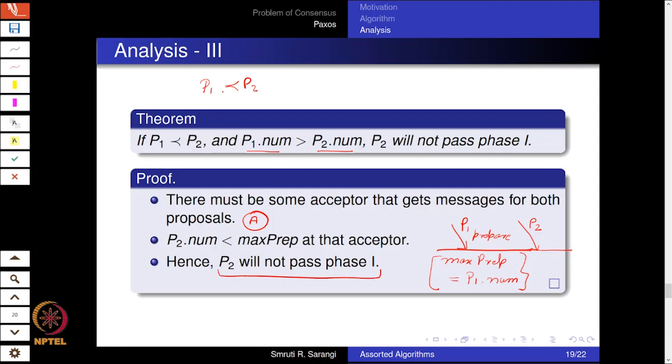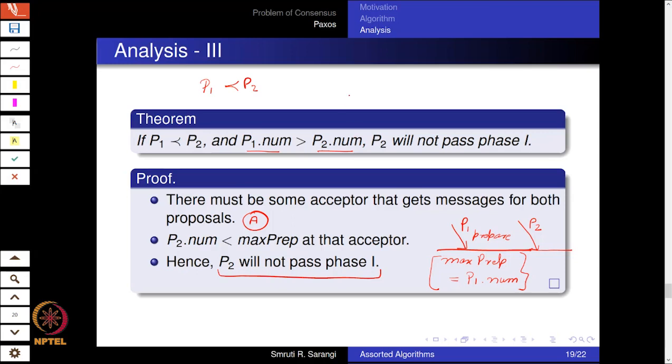We have proven that if one proposal precedes the other, so let's say P1 precedes P2, for P2 to actually pass and be successful, it needs to have a higher number. So if I take the sum total of the last two theorems, they say something very important.